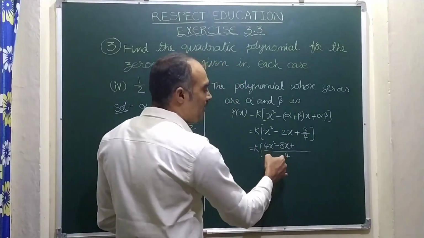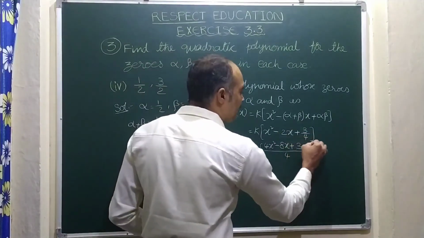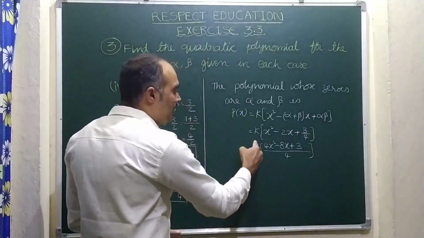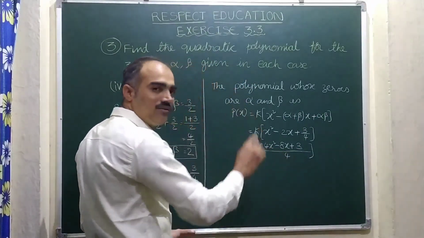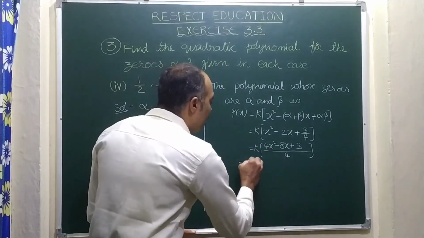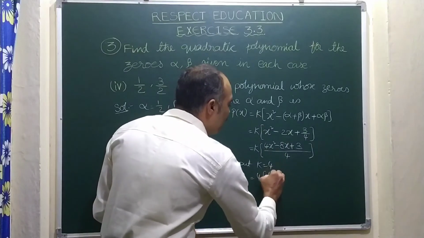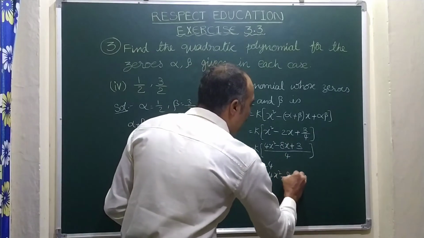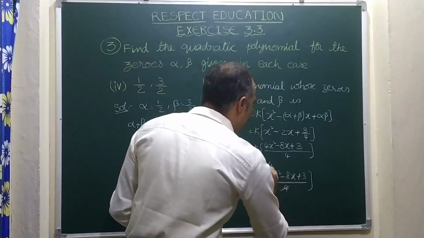Here you see the denominator and this denominator and LCM both are same. We can write the 3 as it is. Now in place of k we can take any value. Here the denominator is 4, that's why I am taking k equal to 4. So put k equal to 4. So let us write 4 into 4x square minus 8x plus 3 by 4. Here 4 get cancelled.